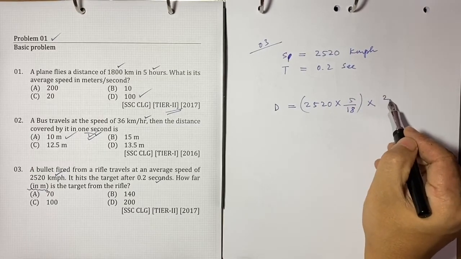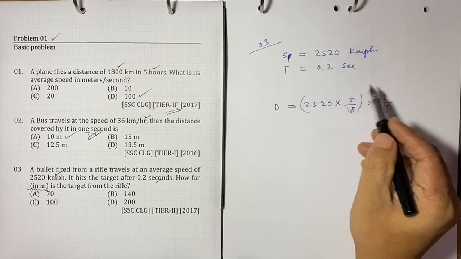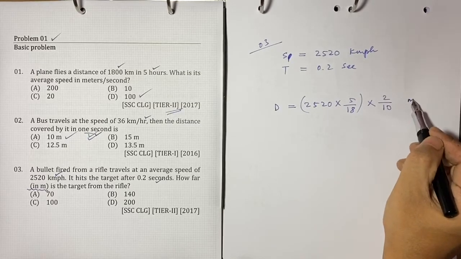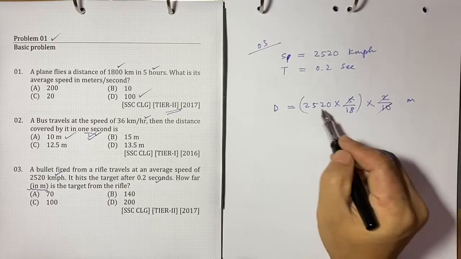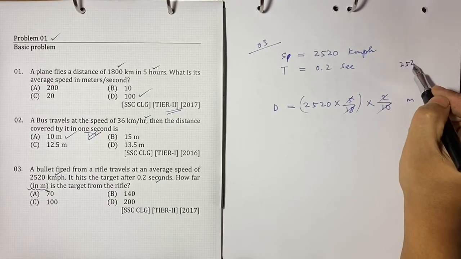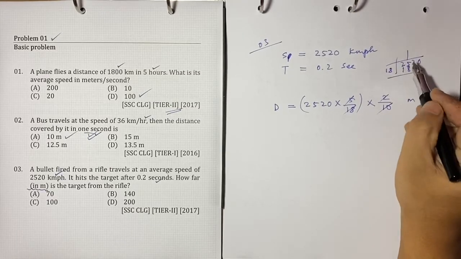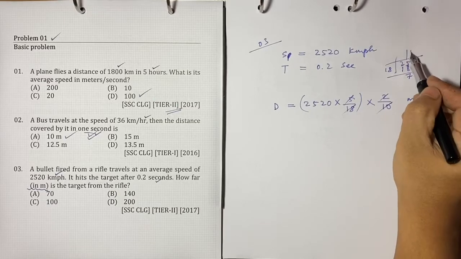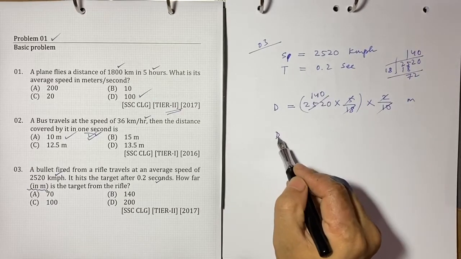Time is 0.2 seconds, so it will be 2 divided by 10. The unit will be meter. Cancelling directly, 2520 divided by 18. It will be 140. So the answer is 140 meter.